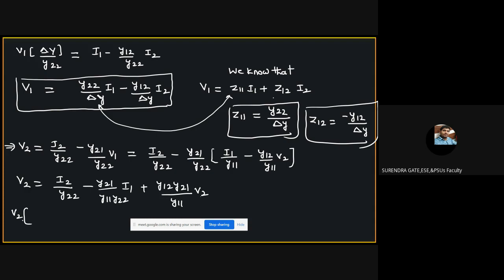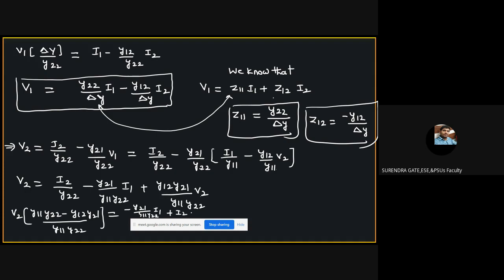Is it correct? This I am writing: I2 by Y22 minus Y21 by Y11 into Y22 into I1.